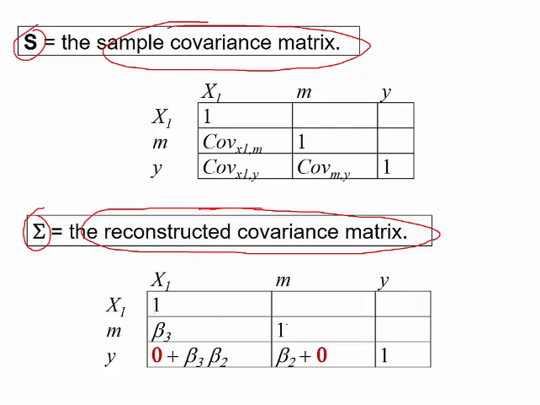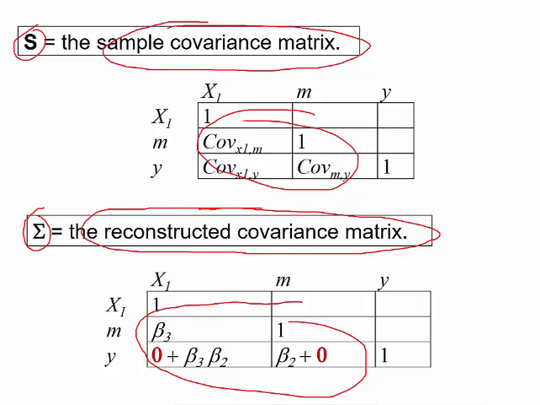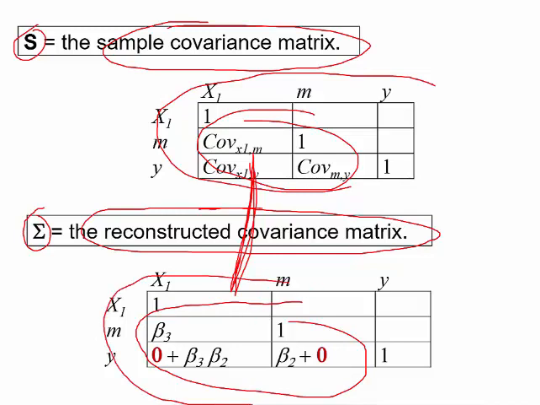In that case, my reconstructed matrix would be identical to my sample covariance matrix. But because I've put constraints on my model, these two matrices are going to be different from each other. I have the actual observed one, what I actually got, and below I have the sigma, the reconstructed matrix, the matrix I estimate based on my model that has constraints on it.